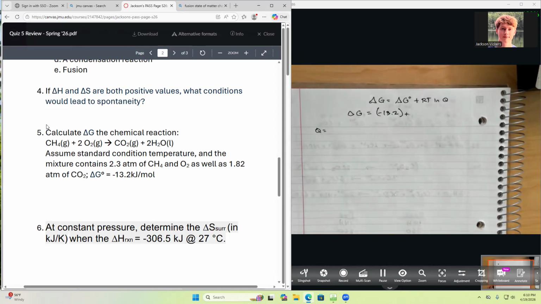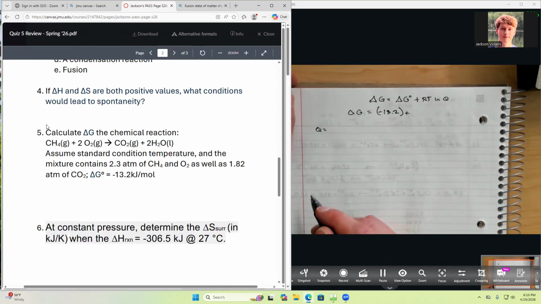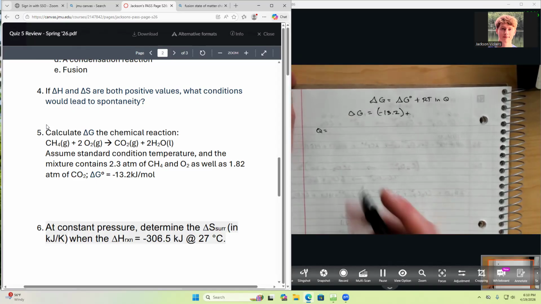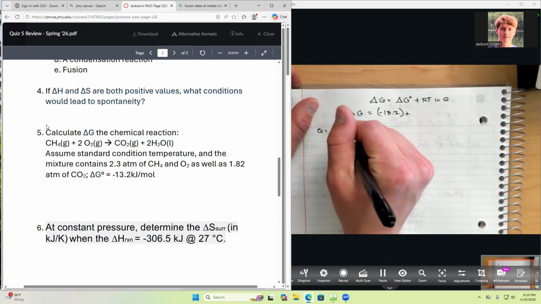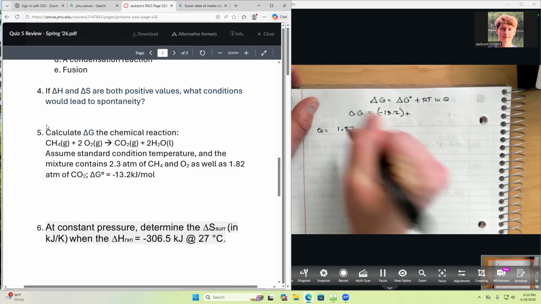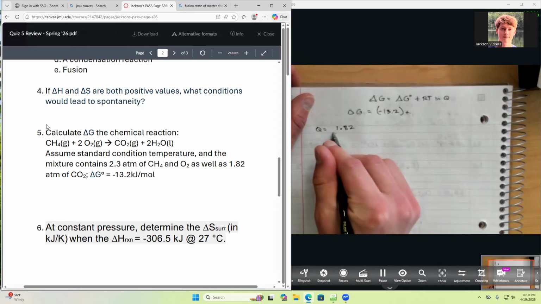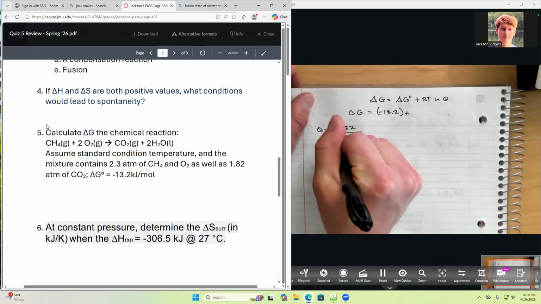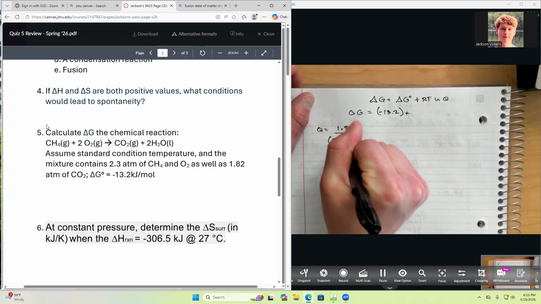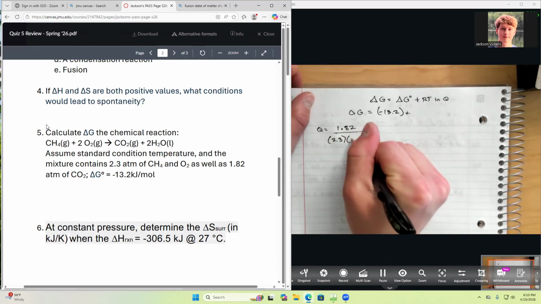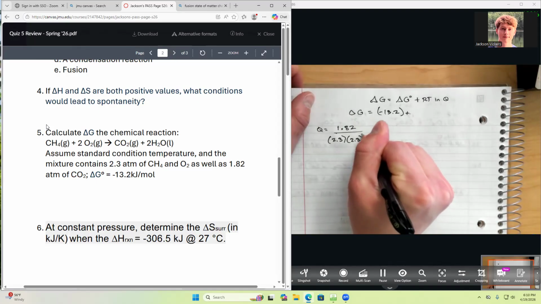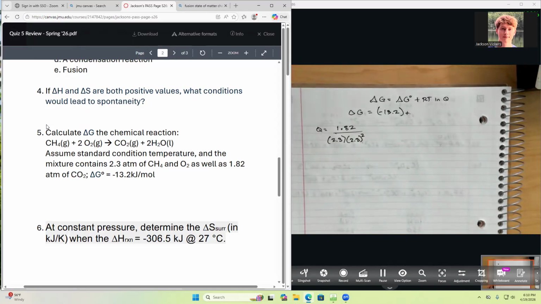Q is, again, products over reactants raised to their stoichiometric coefficients. And so we have the methane and oxygen given as 1.82 or as 2.3 atmospheres. So the only product that we have is CO2, and that one doesn't have a stoichiometric coefficient. So it's 1.82 divided by 2.3 for the methane times 2.3 squared for the O2, because again, that has a 2 in front of it.